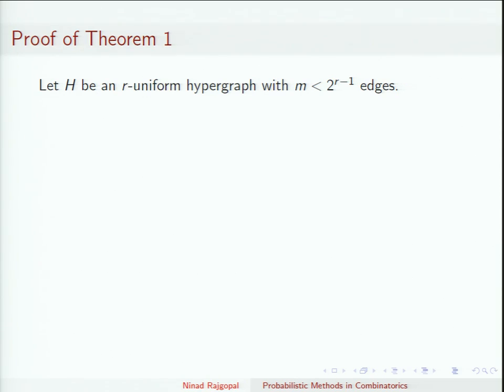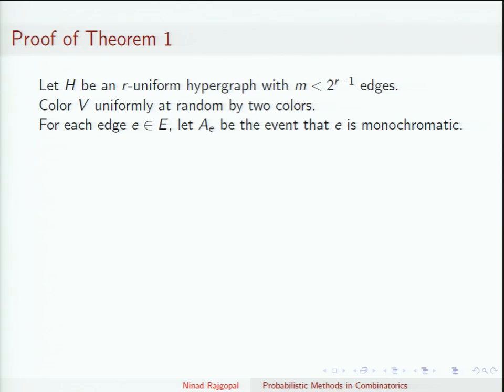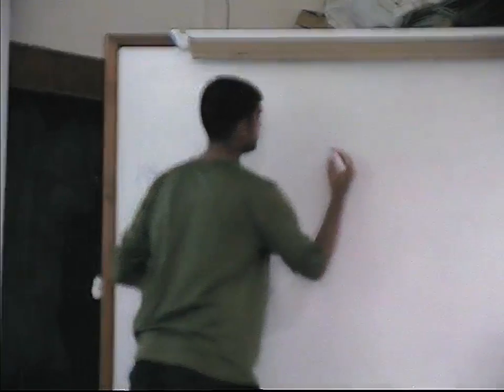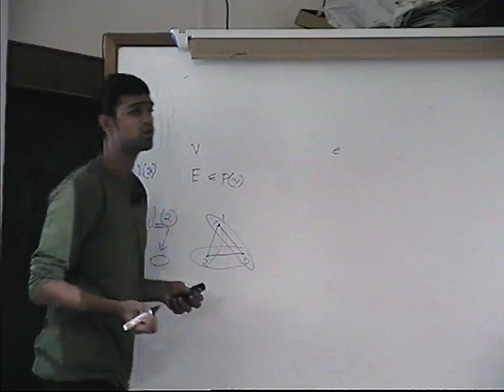So let us consider an R uniform hypergraph with strictly less than 2 power r minus 1 edges. So we color the vertex set randomly using two colors. Now let us look at the event where an edge E is monochromatic. So what do I mean by monochromatic?